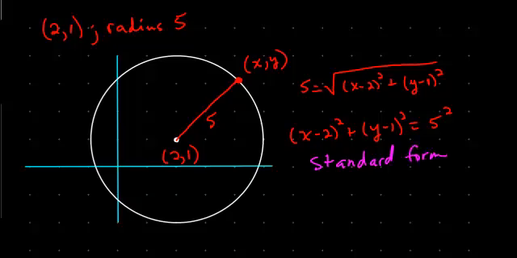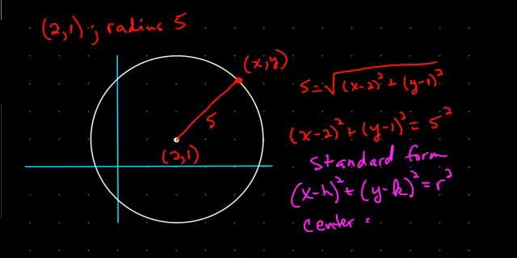And how does your book say it? x minus h squared plus y minus k squared equals r squared, where the center is at hk.